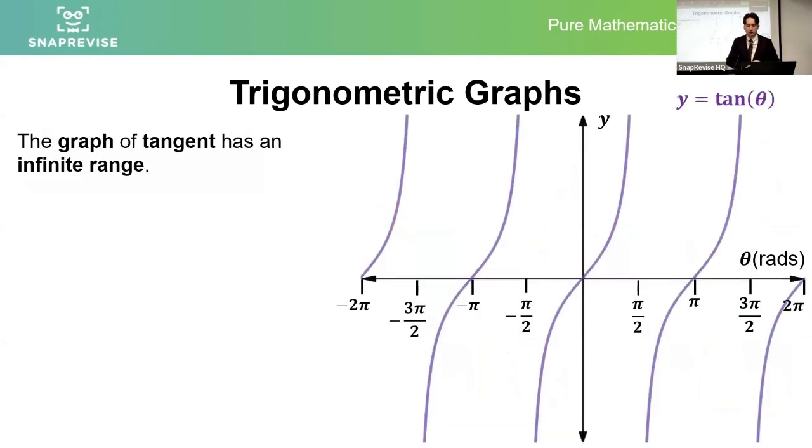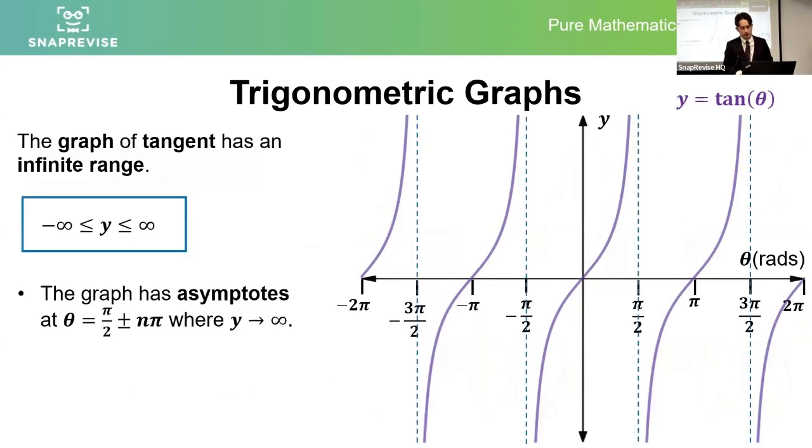Now, the tan graph is the one that's a bit different because it's asymptotic. It has asymptotes at pi over 2, 3 pi over 2, and so on, and it has a period of 180. It repeats every 180, which those of you that have done cast diagrams will have seen before. Another key thing is noticing the asymptotes, and this definition is true for when n is an integer.